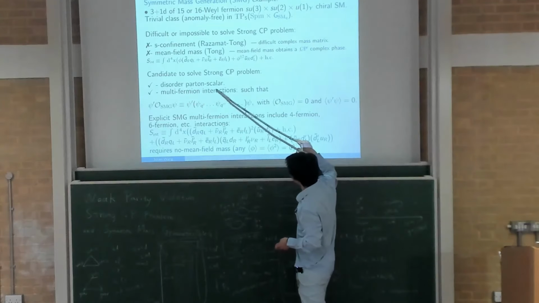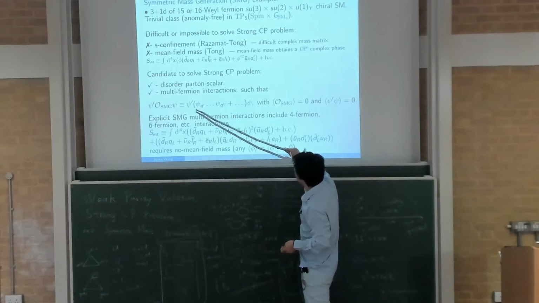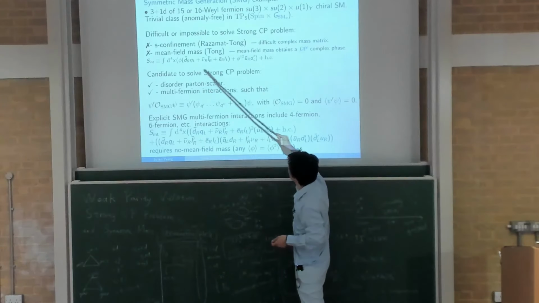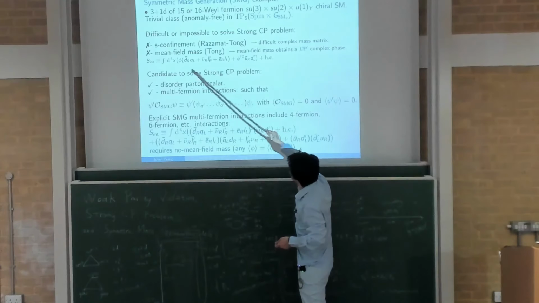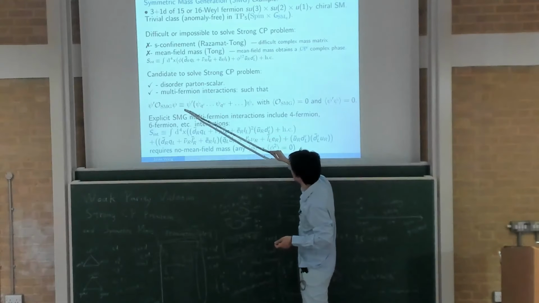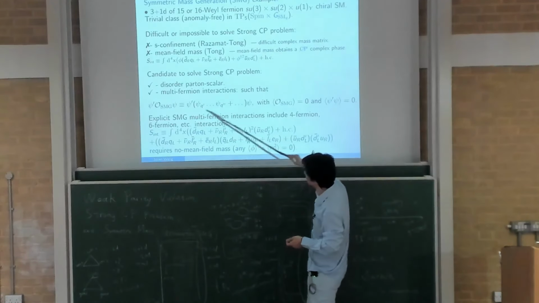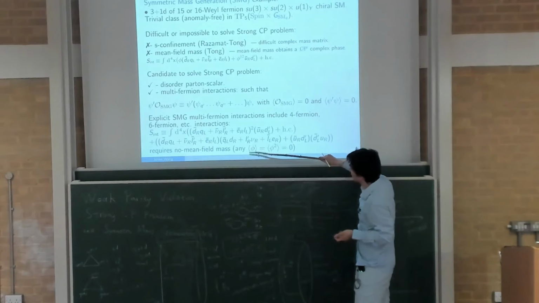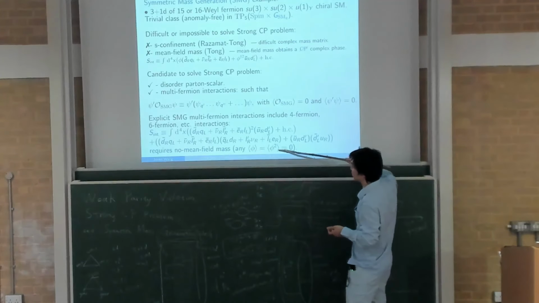So the proposal I would say is to use this mean field one and write down the disorder version of this. What it means is that if I integrate the scalar field and introduce a dynamical scalar field to generate interaction terms, then I can also write down some multi-fermion interaction terms. Or another way of thinking is just thinking about the scalar's disorder.